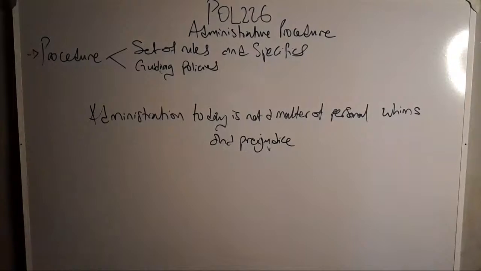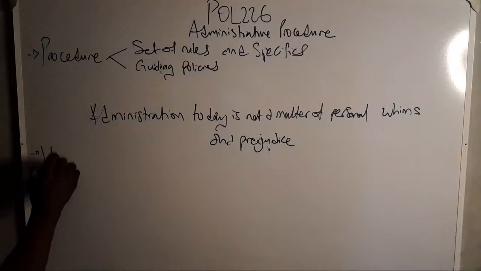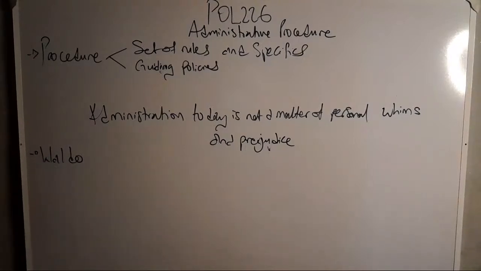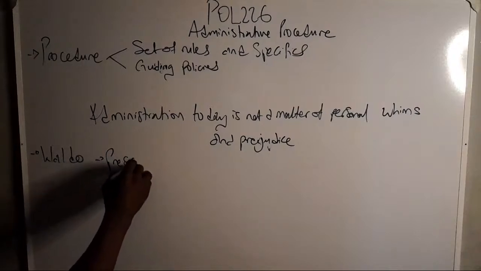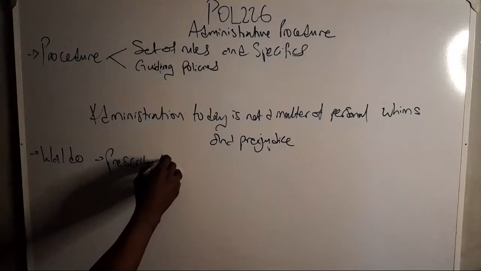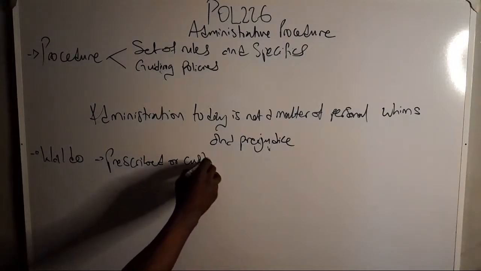Now let's take this. It says here, according to Professor Wilder, the prescribed or customary way of working with the conduct of an organization's business. Underline this, please. The prescribed or customary.